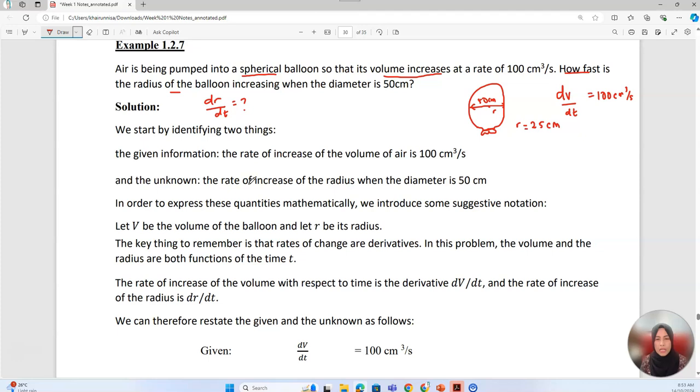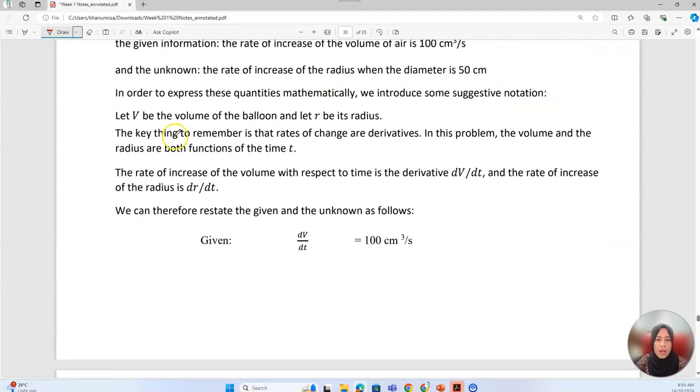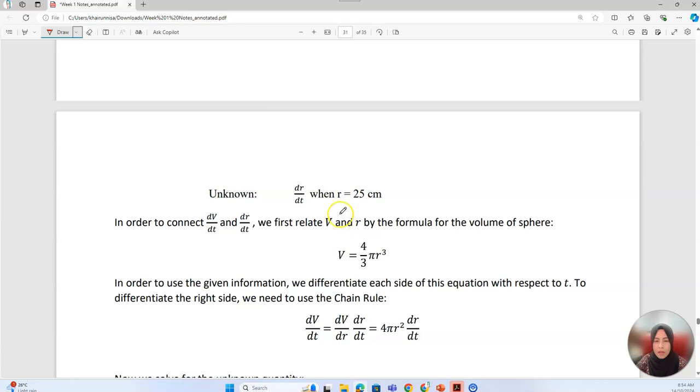All right, so that's the information that we have. We have dV/dt, and also the value of r, and they ask for dr/dt, how fast the radius changes when the diameter is 50 cm. We do have dV/dt, 100 centimeter cube per second, and the question asks for dr/dt when r is equivalent to 25 cm.